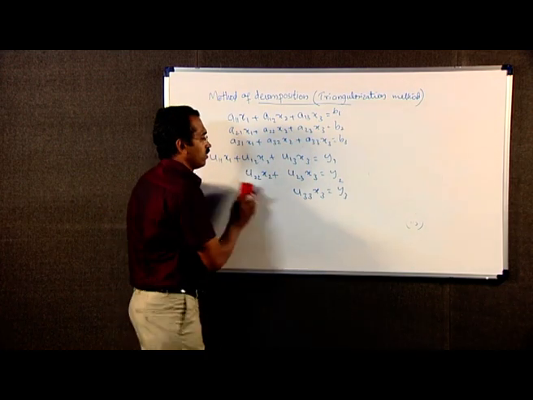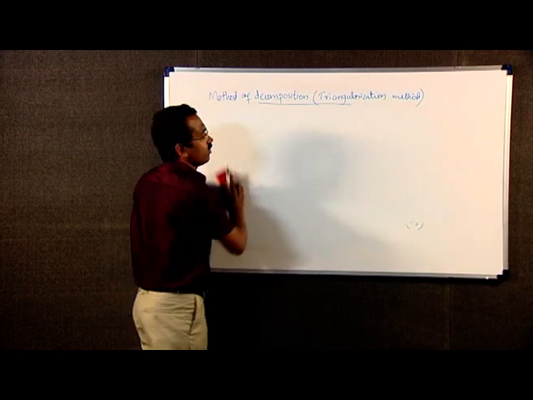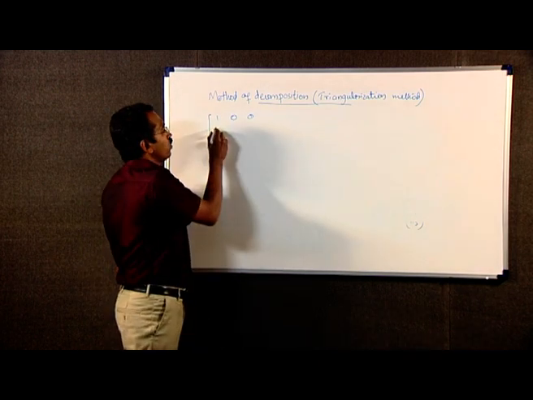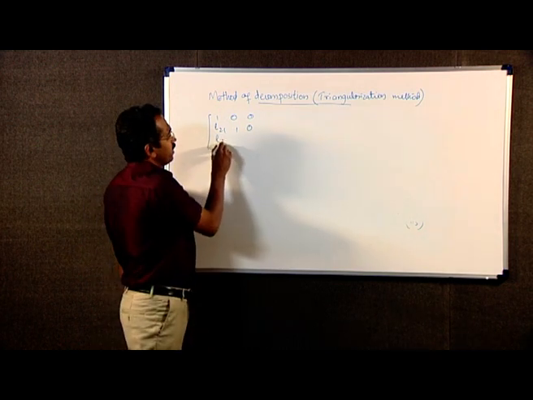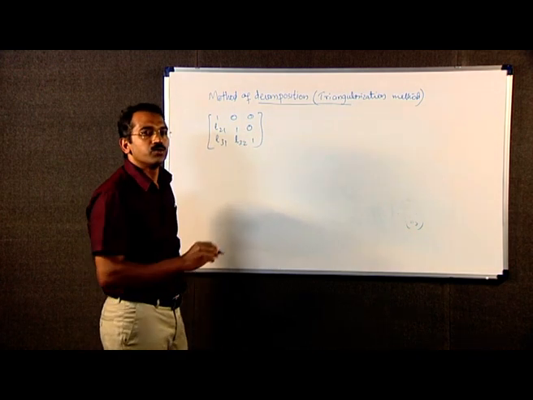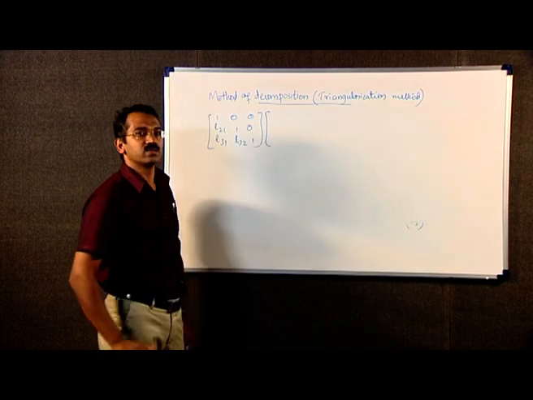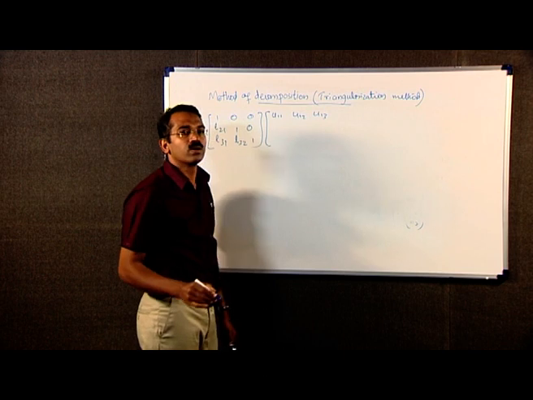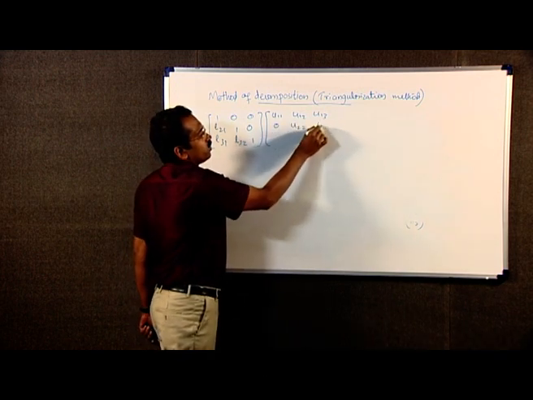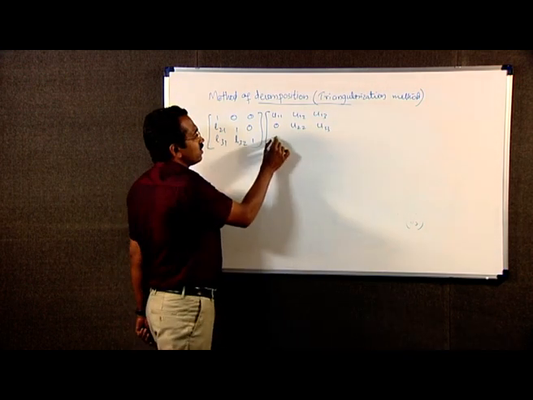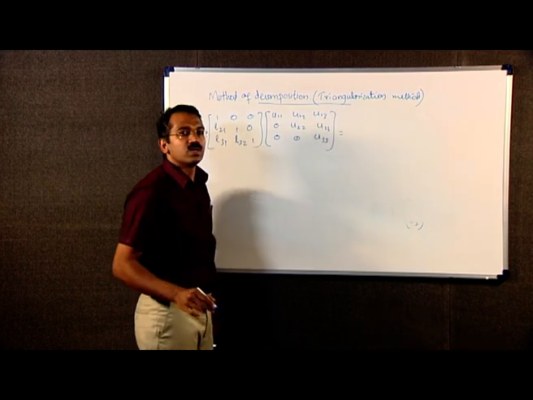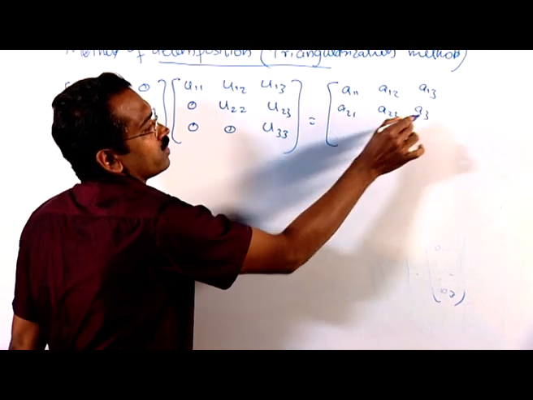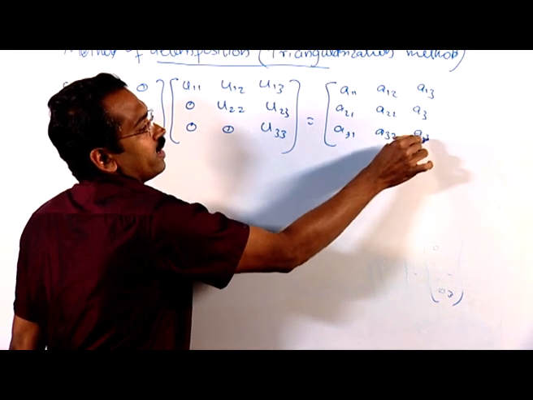We have the matrix 1 0 0, L21 1 0, L31 L32 1, this is the lower triangular matrix L, into the upper triangular matrix U11 U12 U13, 0 U22 U23 and 0 0 U33 is equal to A11 A12 A13, A21 A22 A23, A31 A32 and A33.